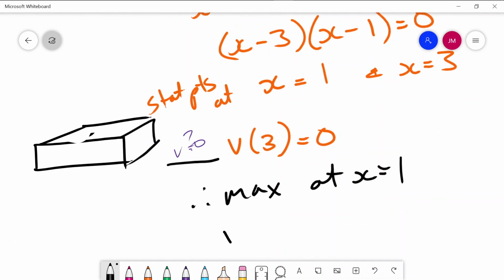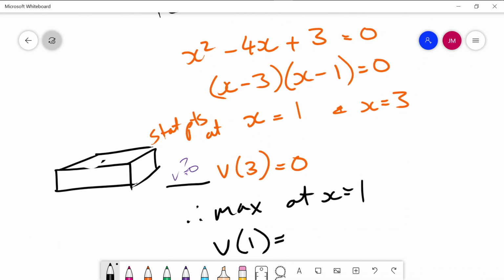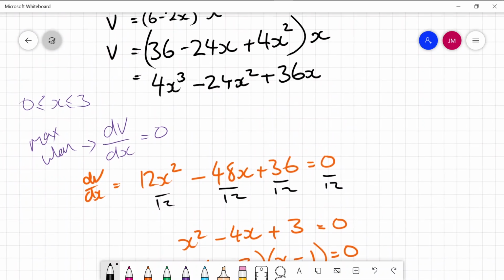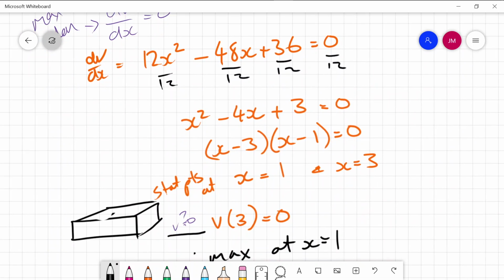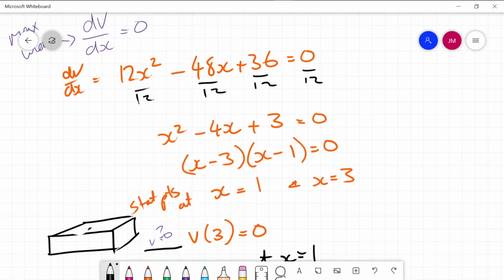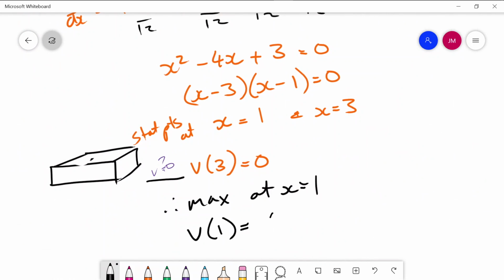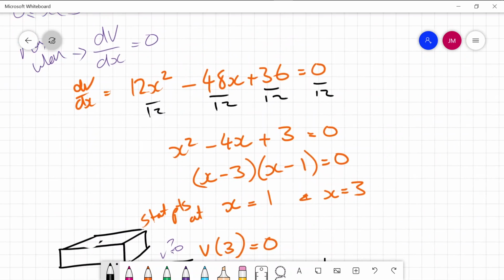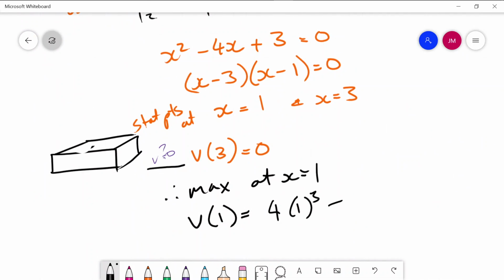So the last thing is to find the volume when x equaled 1. So we put that into our volume formula, which was the 4x cubed minus 24x squared plus 36x. And even if you stuffed up the derivative, that was given to you in part A. So we can just plug in 1 into that, and we should get 4 times 1 cubed minus 24 times 1 squared plus 36 times 1.